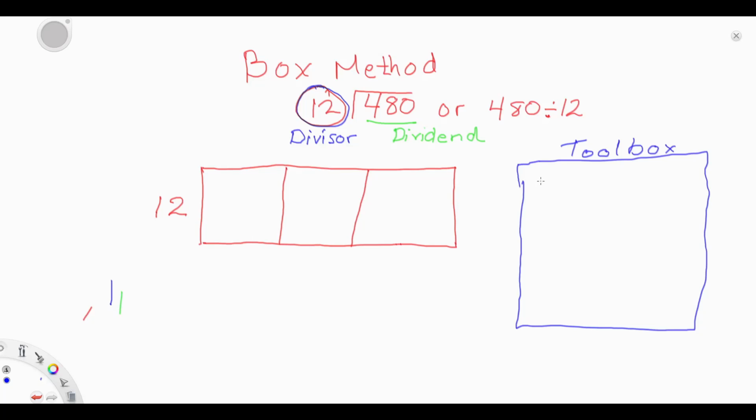So the way I'm going to create my toolbox is I'm going to take my divisor and I'm going to multiply it with, I'm going to start off with 1. And as we go, I'll explain the purpose of the toolbox. Now, first off, 12, in the case of the toolbox, I'm using the divisor, but I'm going to use multiplication to help me solve this a lot easier.